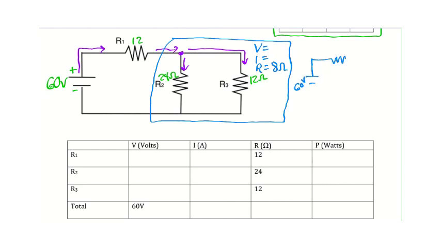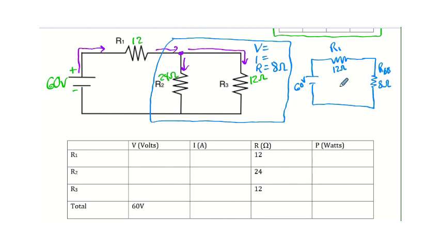We had R1, which was 12 ohms. And now we have this second resistor, which is a combination of R2 and R3. And we know that that resistor, which is essentially the blue box, we'll put RBB for blue box as an equivalent resistance of 8 ohms.